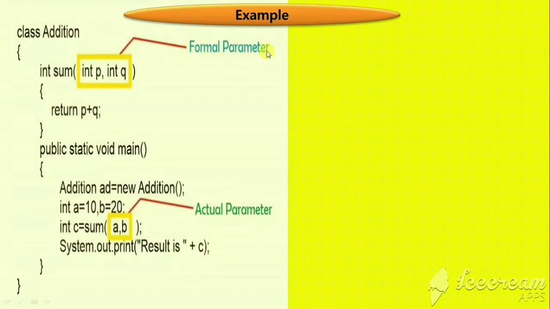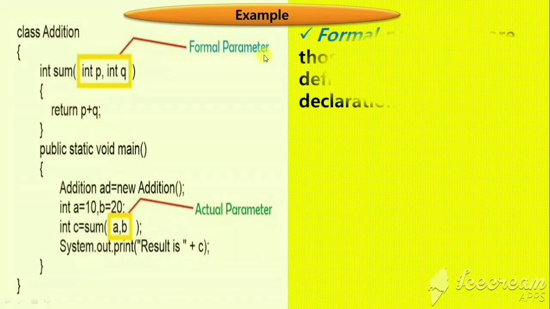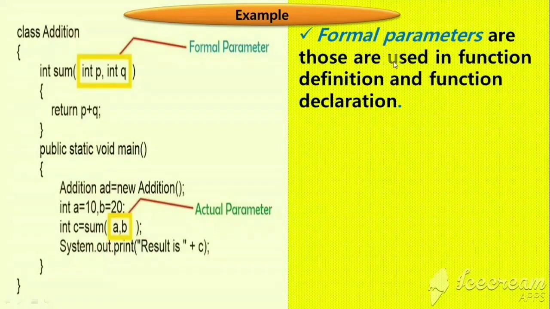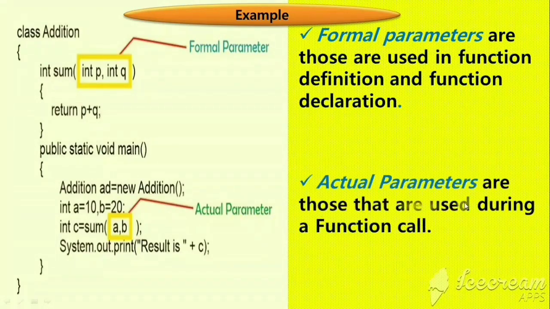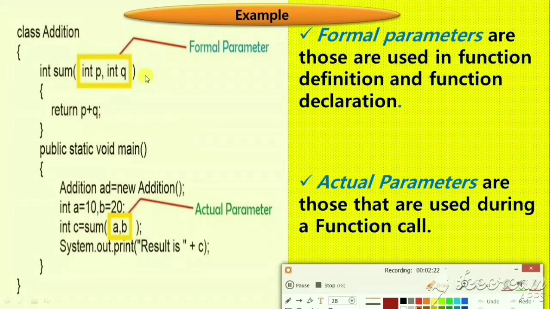Now let us see what is a formal parameter. Formal parameters are those used in function definition and function declaration. And actual parameters are those that are used during the function call. So, what is a function definition and function declaration? The function header is the function definition or function declaration.